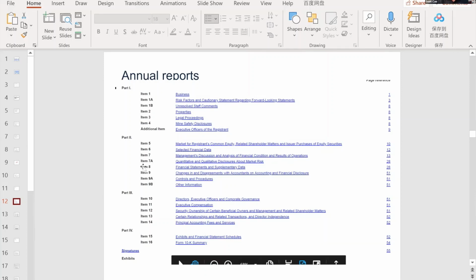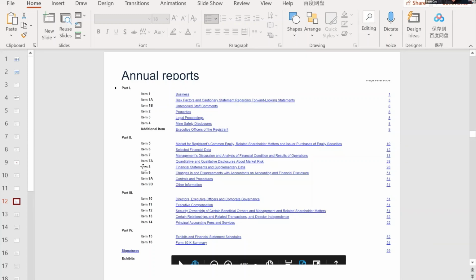So for Item 10 and Item 11, executive compensation and directors, you can find more detailed information in the proxy statement. The proxy statement is called Form 14A. Form 14A is the official label, but normally people call it the proxy statement.